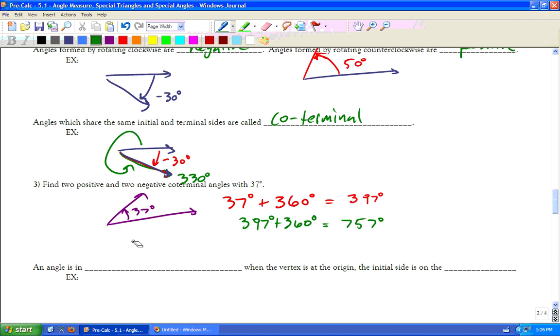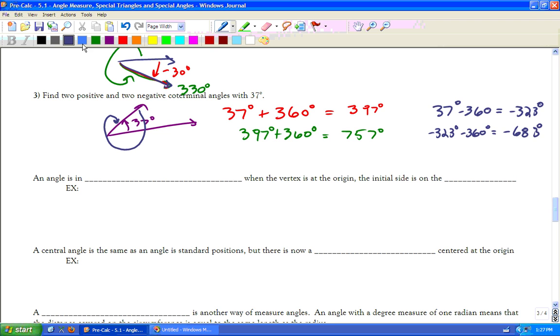Now, looking at the negatives, rather than rotating counterclockwise, we're going to rotate back clockwise, which means instead of going 37 plus 360, we're going to go 37 minus 360, yielding negative 323 degrees. We can take negative 323 degrees and rotate it back another full circle, which would give us negative 683 degrees.